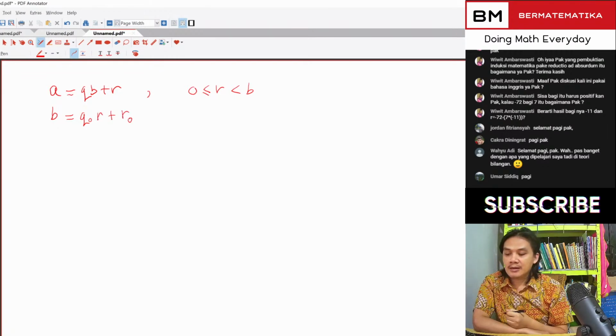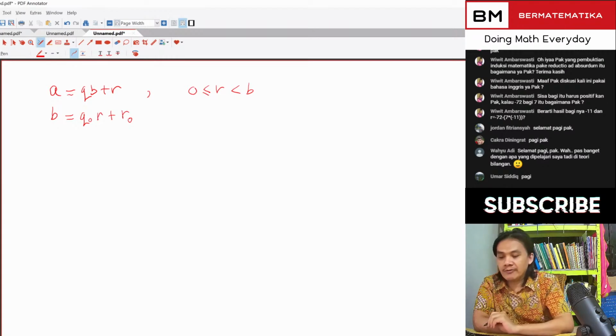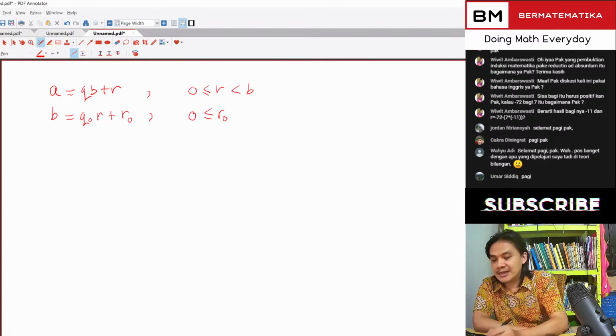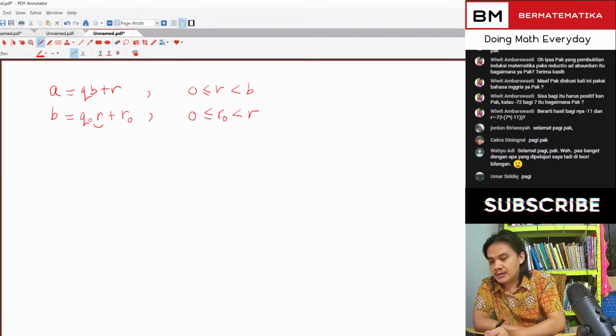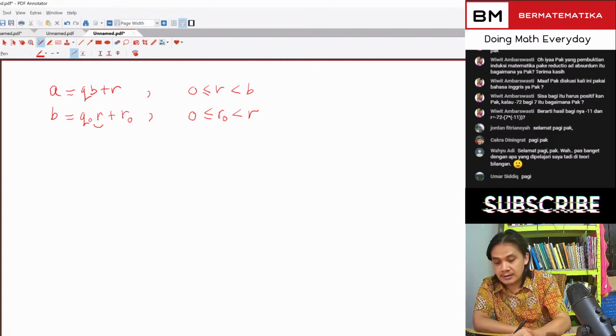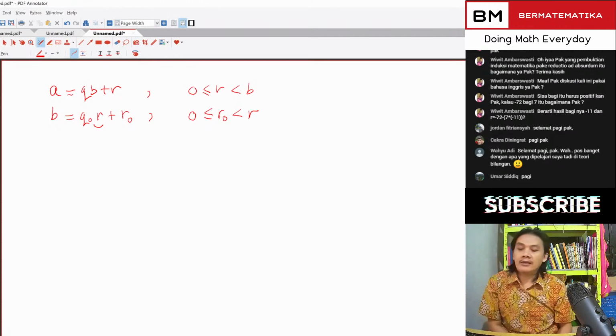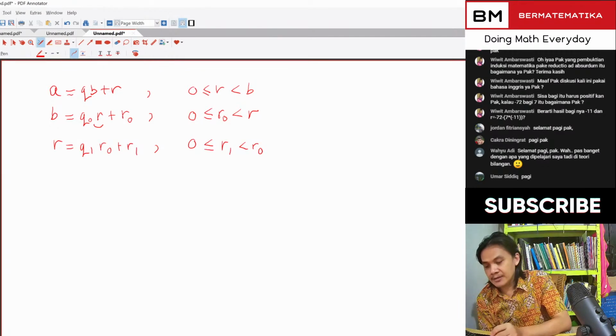What is the requirement of R0? According to our division algorithm, R0 has to be greater or equal to 0, but less than R. The next one, apply again the division algorithm to R and R0. Let's say R is equal to Q1 R0 plus R1. And again, R1 needs to be less than R0.